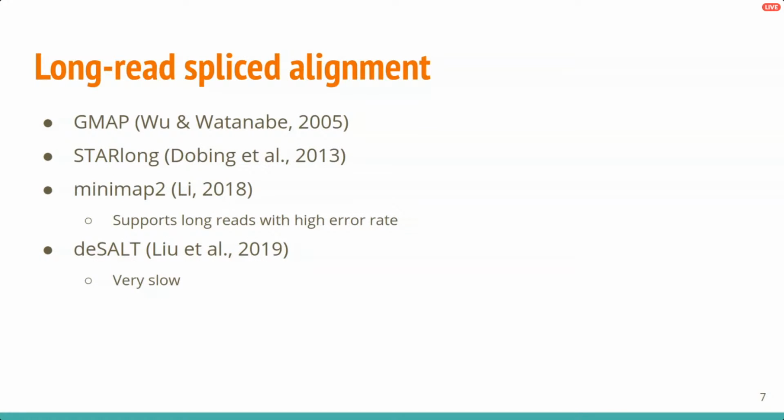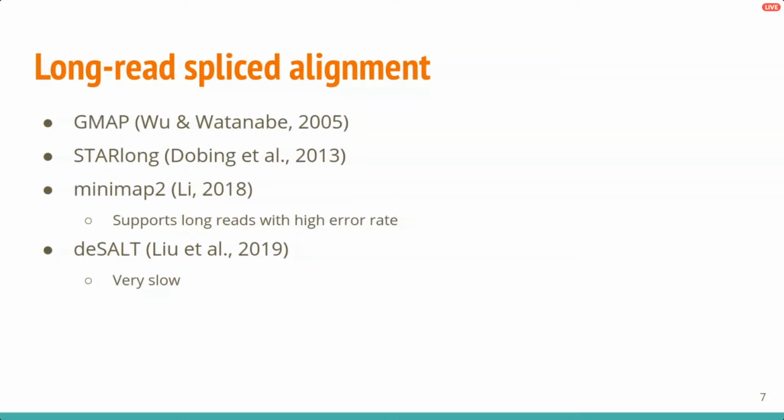The first thing you want to do with those reads is map them onto the genome, and there are some aligners that can do that. The first long-read spliced aligner was GMAP, as far as I know.